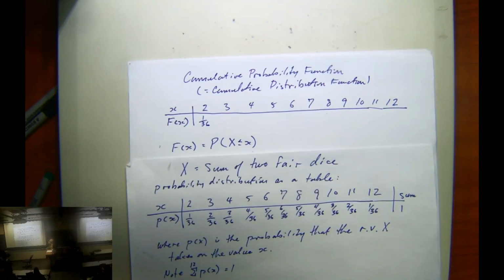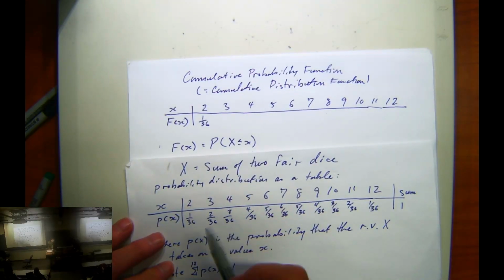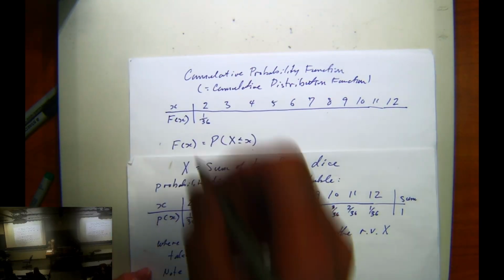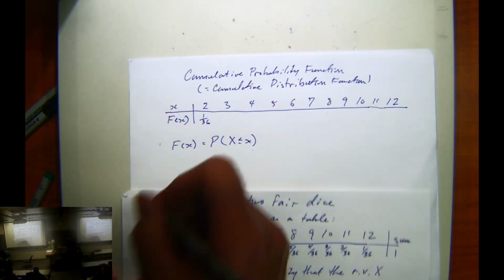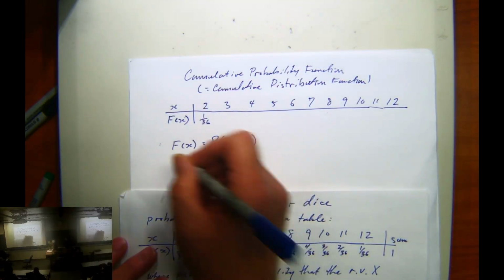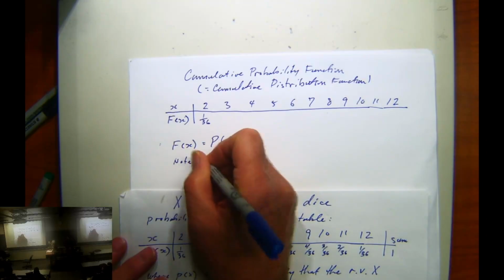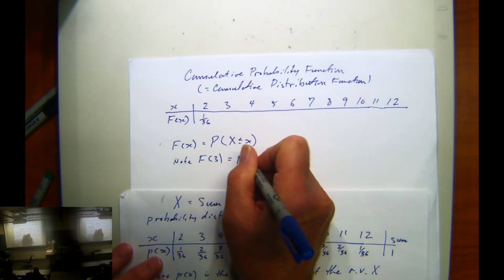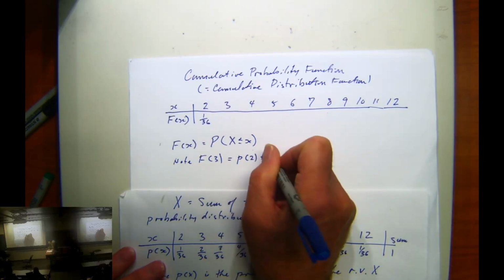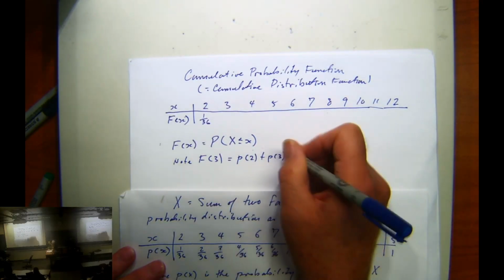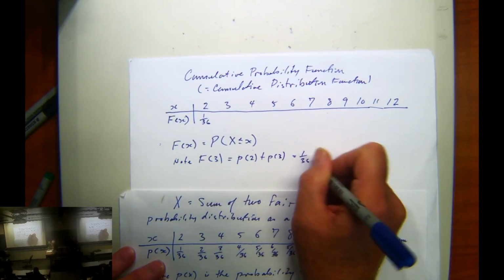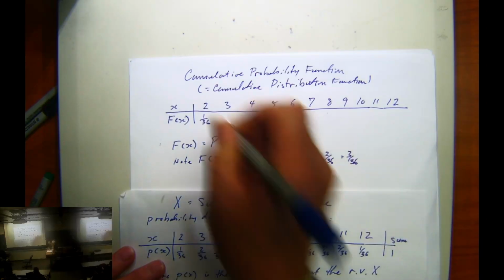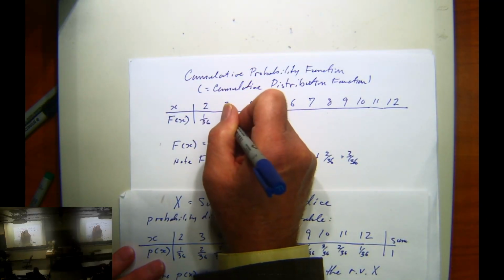Well, if x is less than or equal to 3, it could either be 2 or 3. I'm going to sum those two. And so we'll just note that F of 3 equals P of 2 plus P of 3. And that's 1 out of 36 plus 2 out of 36 equals 3 out of 36.